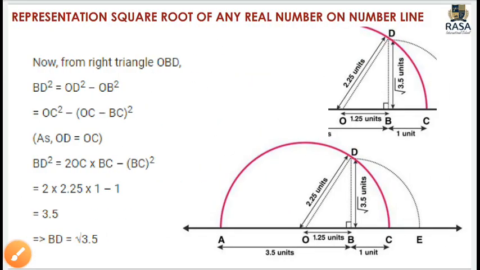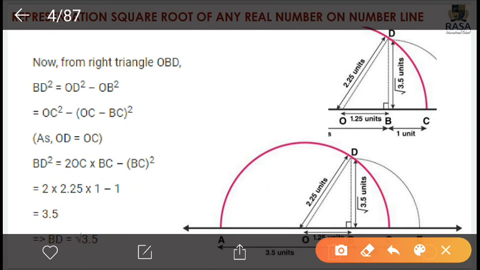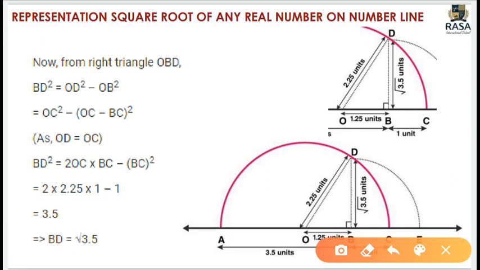Here you can take the triangle OBD. Which triangle? As you can see over here, the triangle is OBD. I have taken this out of this figure. So this triangle is OBD.